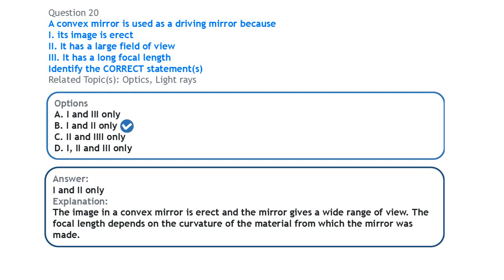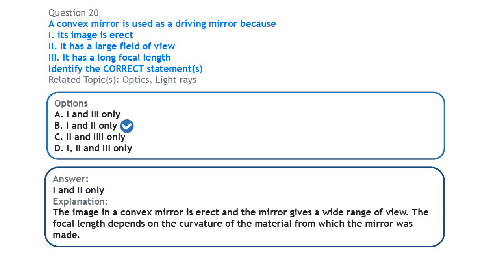Also, the convex mirror gives a wide range of view, meaning that it is able to cover a larger field of view, which is the reason why it is used as a driving mirror, so you can see more things behind. However, the focal length of the mirror actually depends on the curvature of the material from which it was made.